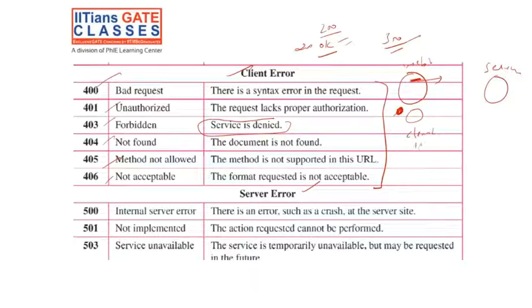And server error: if the error is coming from the server side, let's say there is an error such as a crash, or the server side is not giving a reply to the client or web browser, right? Not implemented: the action requested cannot be performed due to some reason. Service unavailable: let's say your server is down, temporarily unavailable, then we are rejecting the service of the request.